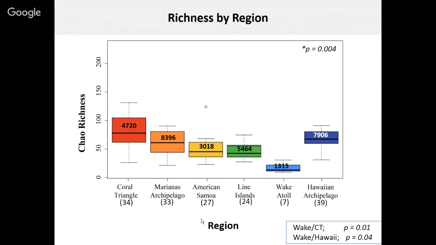Now, it is significant, but it's most likely driven by Wake, which had really low diversity. And when you do a pairwise examination across regions, you see that Wake is significantly different than the Coral Triangle and Hawaii, but for the rest of them, there's no significant difference between regions.